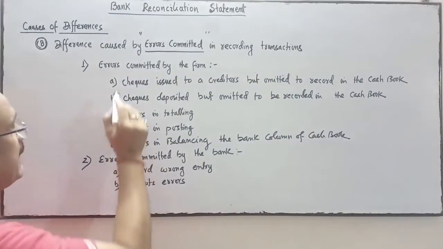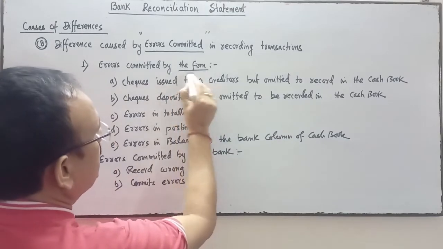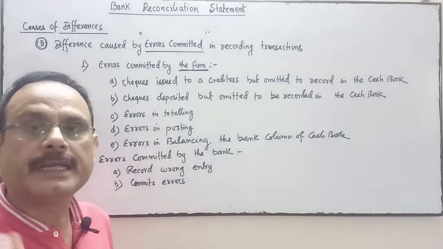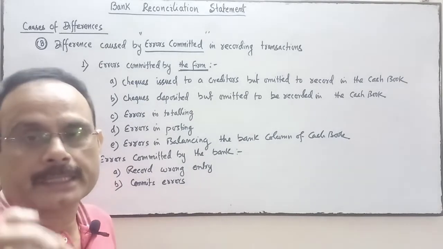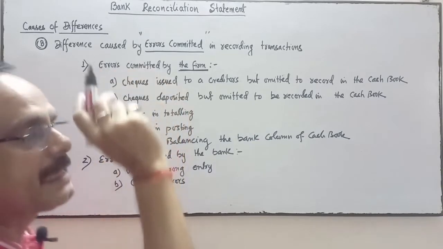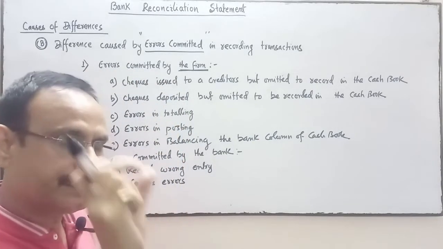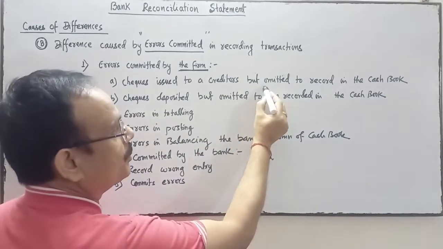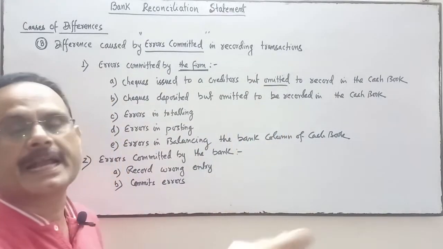So first one is errors committed by the firm. Where? In the cash book. Errors committed by the firm's accountant in the cash book. So what are those errors? A check is issued to a creditor, but omitted to record in the cash book.